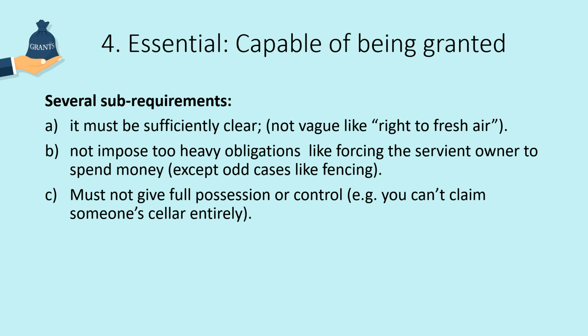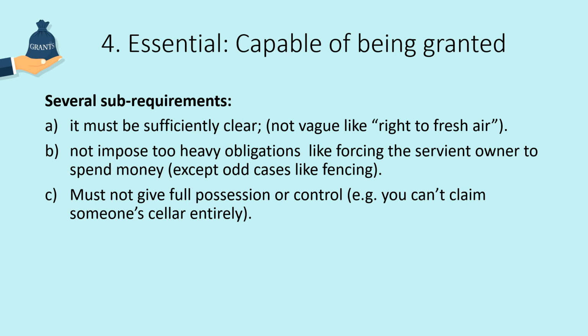Now let's come to the third sub-requirement, and this is also something that causes a bit of complexity and some problems. It says that the easement must not give full possession or control. So, for example, you wouldn't be able to claim someone's entire cellar.